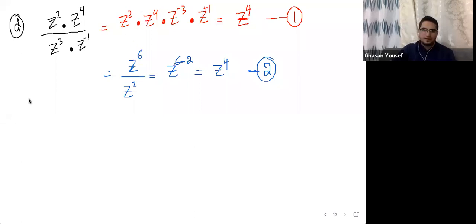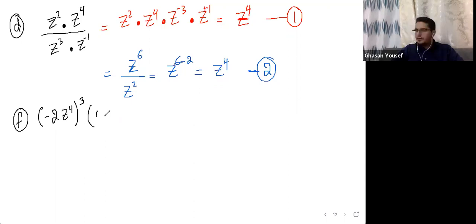Another example here. See, negative 2 times z to the power 4, and everything to the power 3, times 4z to the power 3.